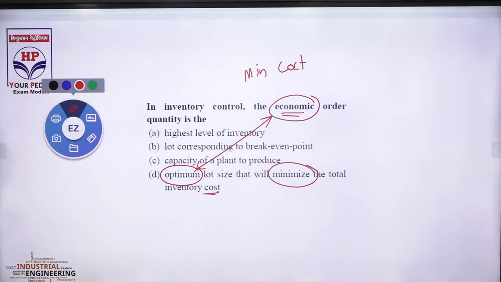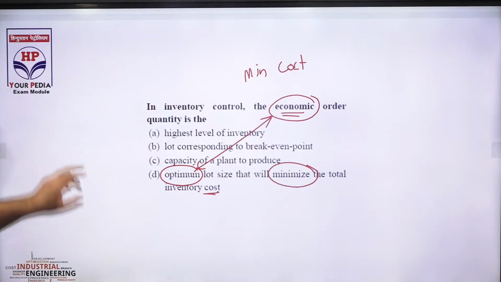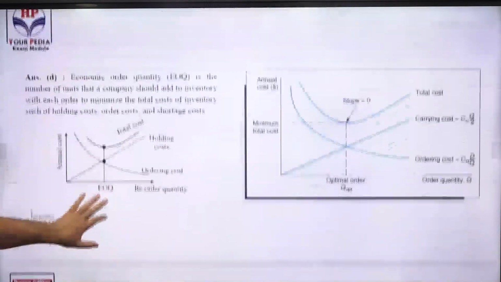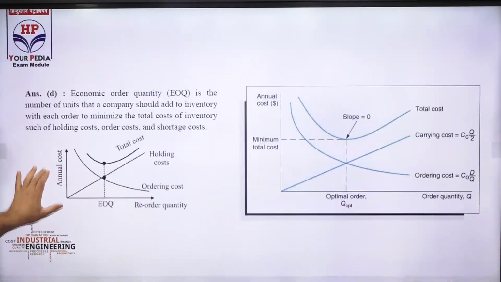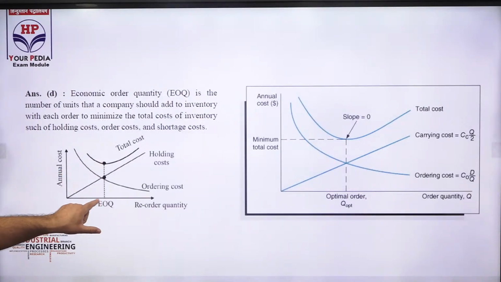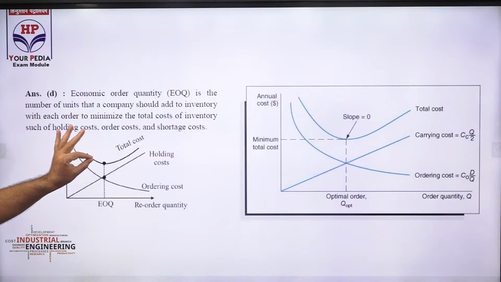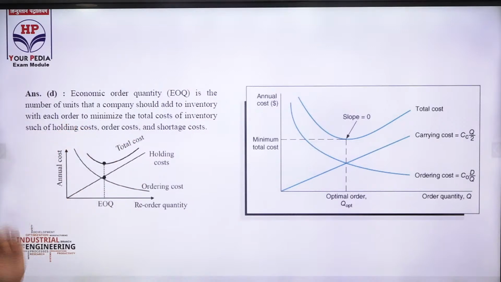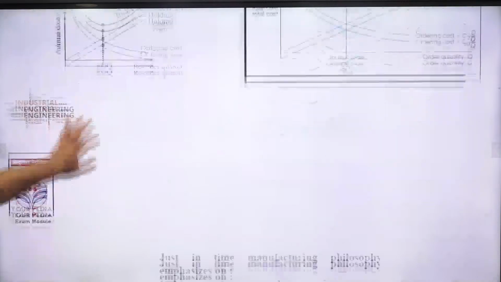Think of it as cost only. Economic order quantity we have already defined, and as you can see now, it gives you minimum cost. So the optimum order which you should give so that cost is minimum, that is the economic order quantity.